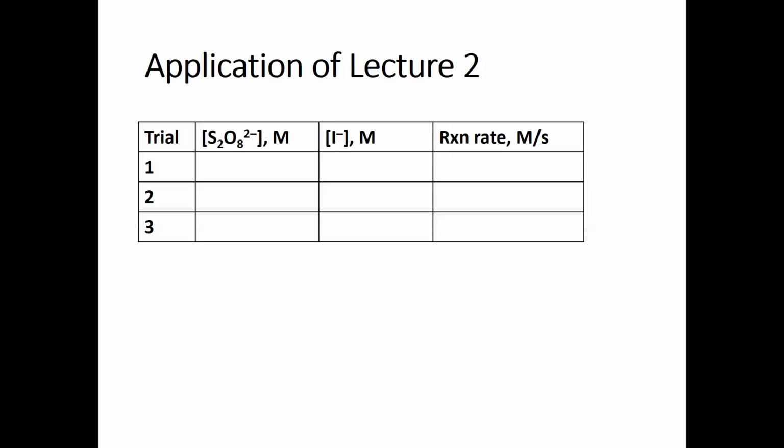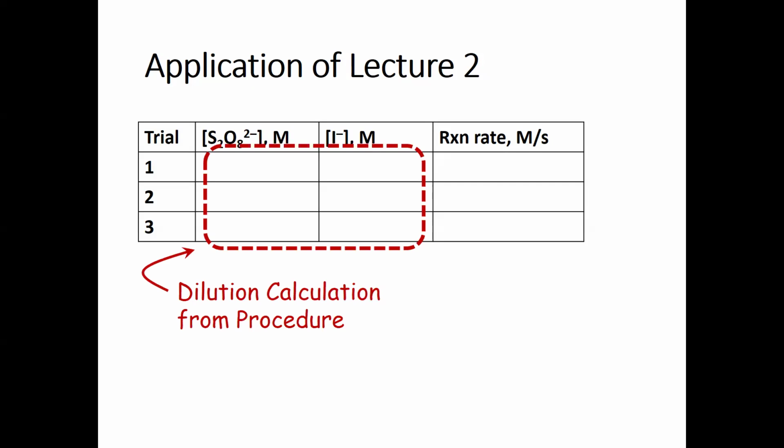So these concentrations are not going to be the ones that are on the labels of the containers. You're going to have to do a dilution calculation to figure out when everything has been mixed together, what is the concentration of persulfate and what is the concentration of iodide.